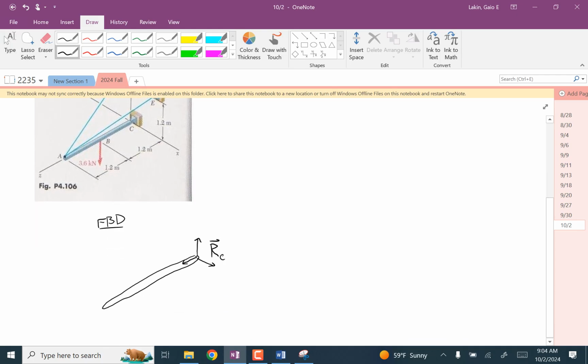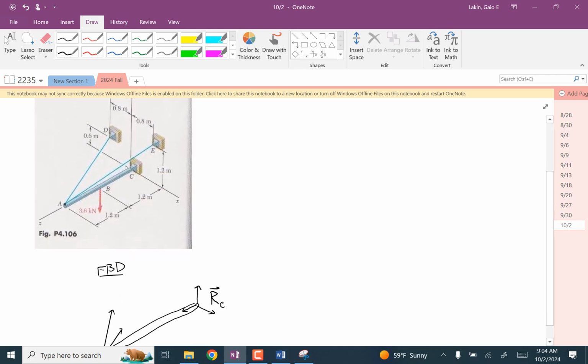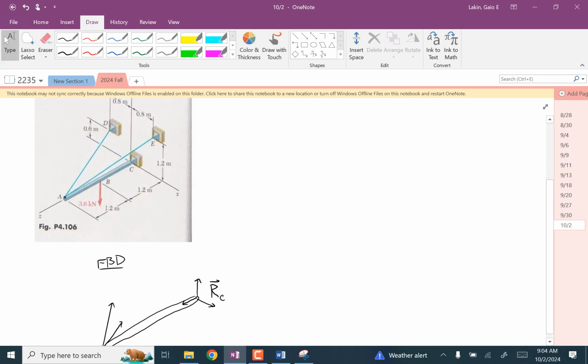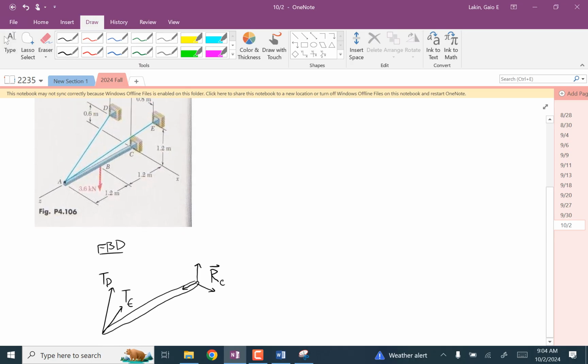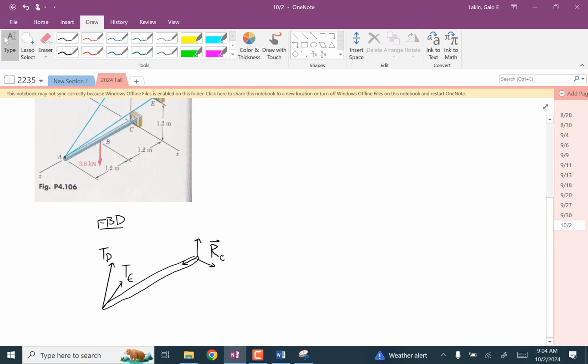And then you have two cable tensions. I'll call that TD because it's going to the point D, and TE. And then there is a weight or a force at the midpoint going straight down, 3.6 kilonewtons. I'll just put that in newtons.